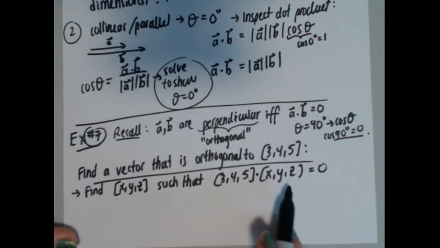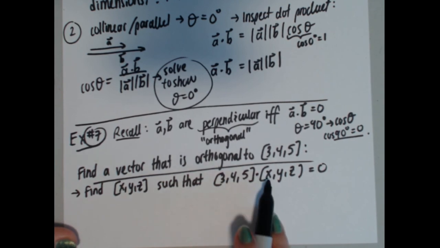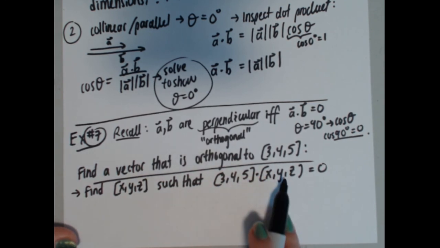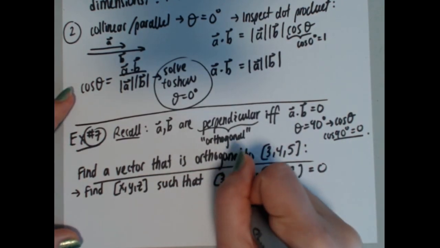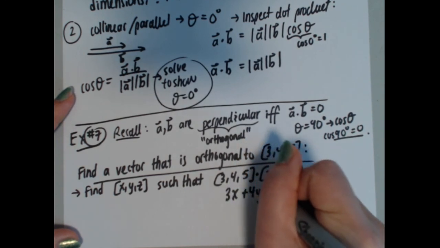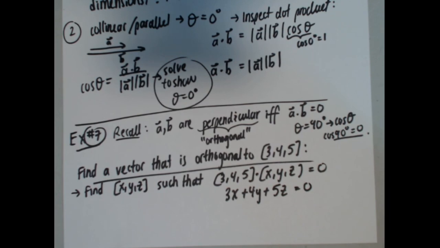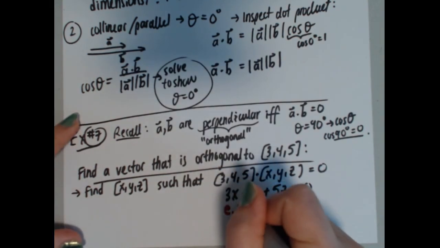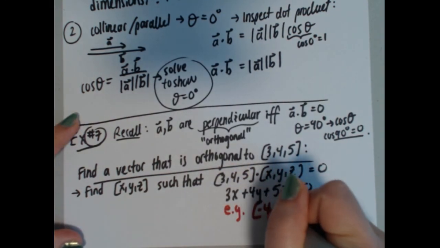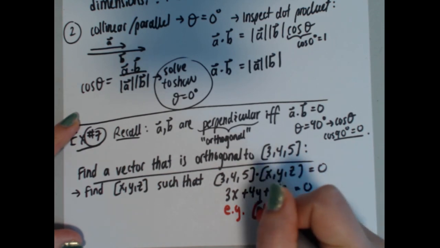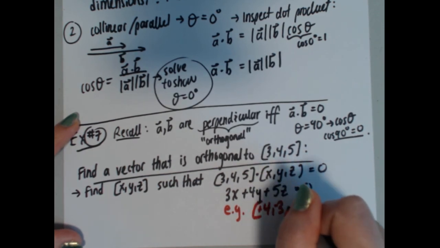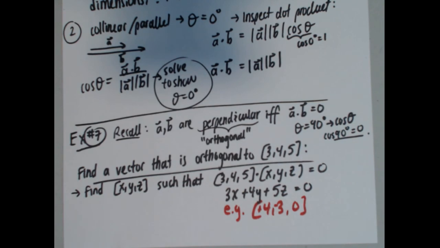Okay, well, I know how to expand the dot product. This is going to be 3 times x plus 4 times y plus 5 times z. So I just have to come up with x, y, and z values that set this to 0. And like I said, there's going to be more than one answer here. Okay, so one possibility is (4, -3, 0).